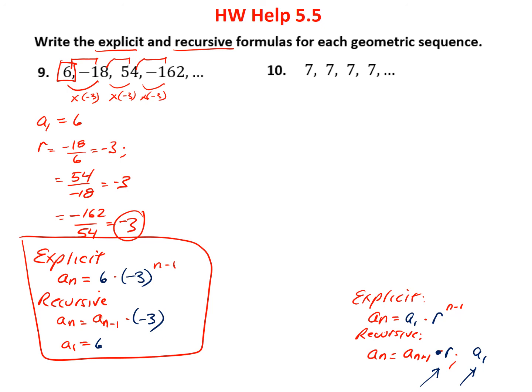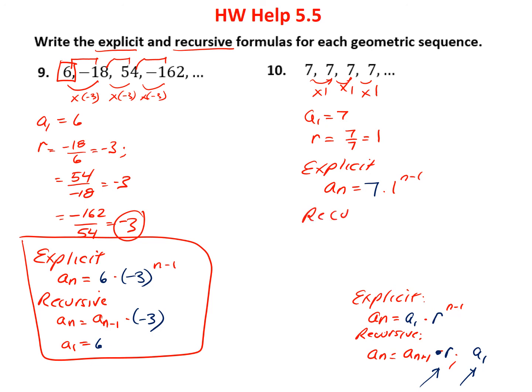10 is an interesting one because you can immediately see what's happening each time. It's just being multiplied by 1. Okay? So our first term is 7, and our common ratio, 7 over 7, is just 1. So our explicit sequence is going to be a to the n equals the first term, which is 7, times the common ratio, which is 1, to the n minus 1 power.